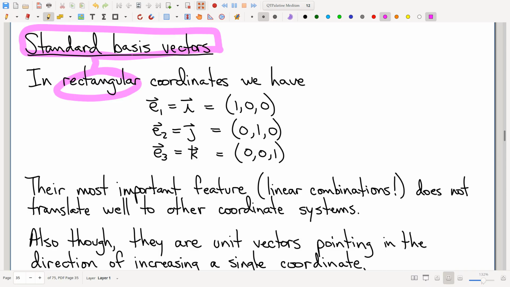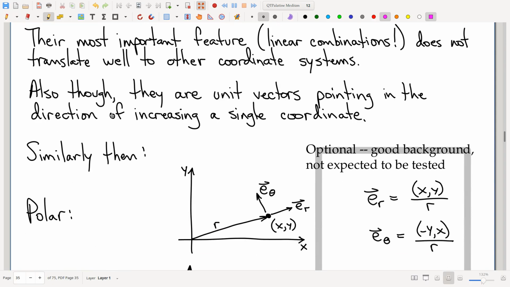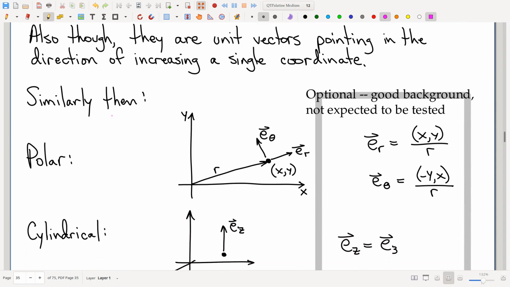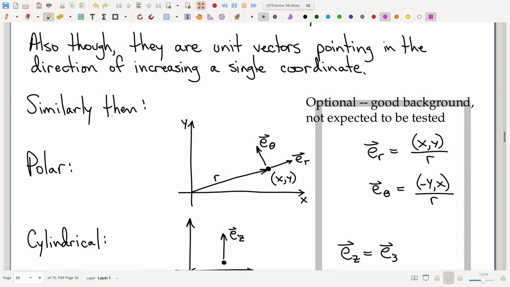There are standard basis vectors in these other coordinate systems. The problem is they don't work as well. They don't work in as many different ways. What they do is, as I have indicated here, given a point, wherever you might happen to be, we're going to start by thinking about polar coordinates.